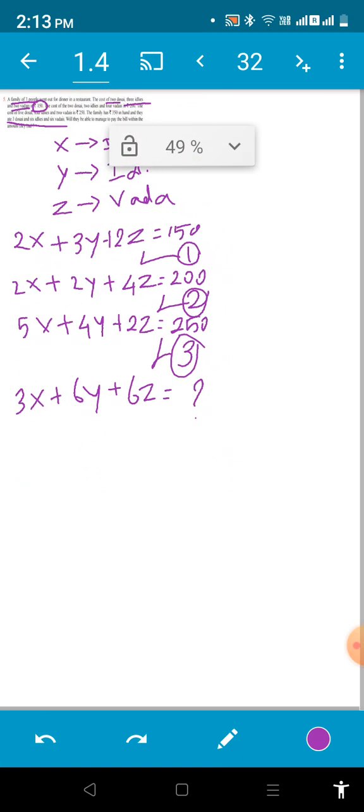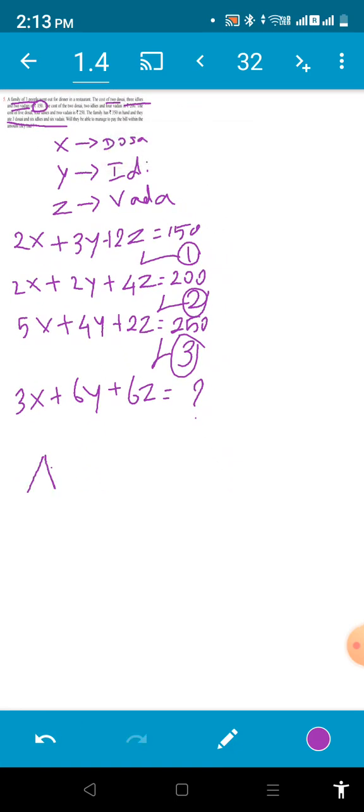First I take delta, from the first equation, the coefficients of x, y, z: only 2, 3 and 2. From the second, 2, 2, 4.